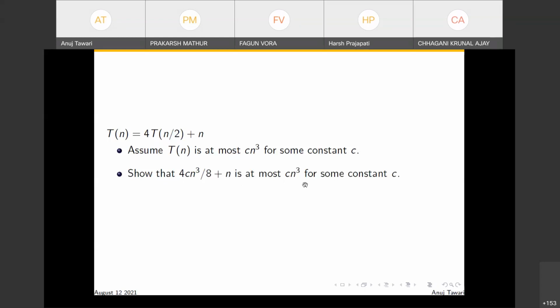Why is that the case? If you put c any constant larger than 2, n cube is always larger than n, which is obviously true for any n larger than 1. So what this tells you is that T(n) equal to order of n cube is a solution to this. But we don't know exactly which function it is.